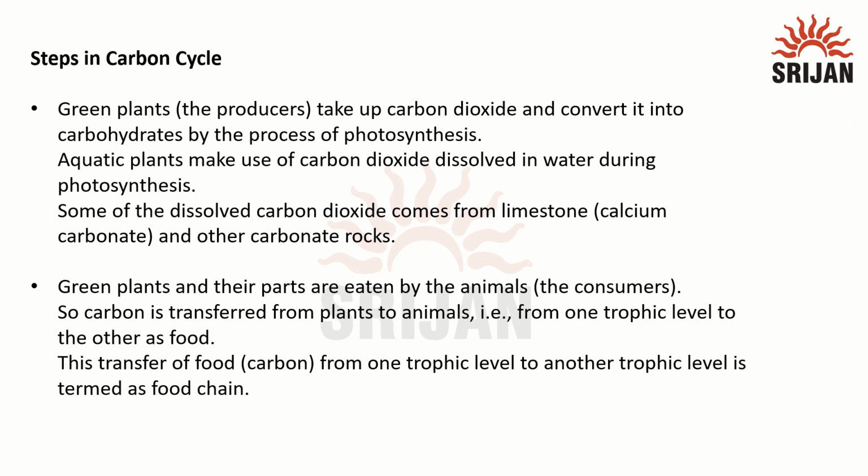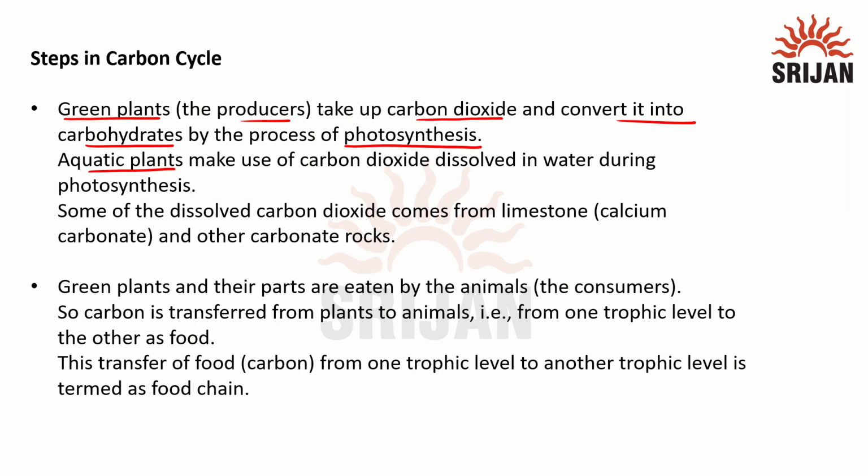Now if we take the step by step details of the carbon cycle, the first is atmospheric CO2 fixation. So this is done by the green plants. They are known as producers. They take up CO2 and convert it into carbohydrates, that is glucose, by a process that is photosynthesis. Now green plants can be land plants or aquatic plants.